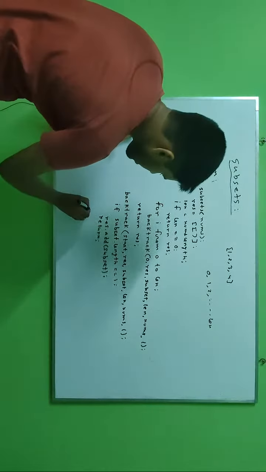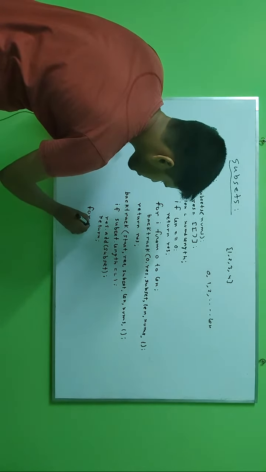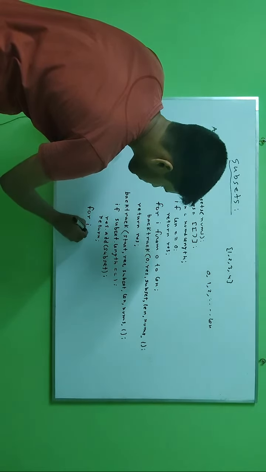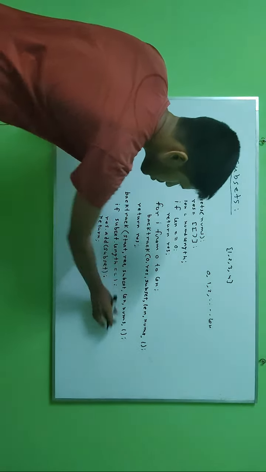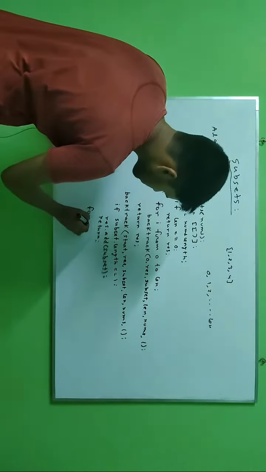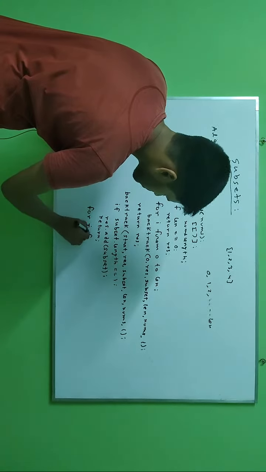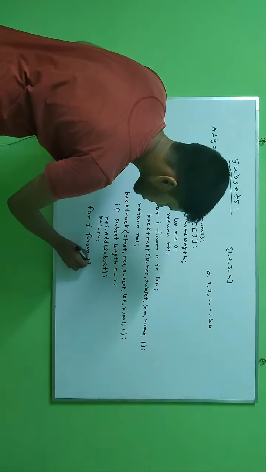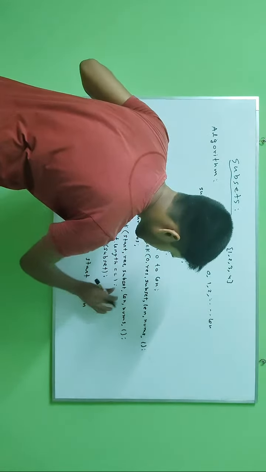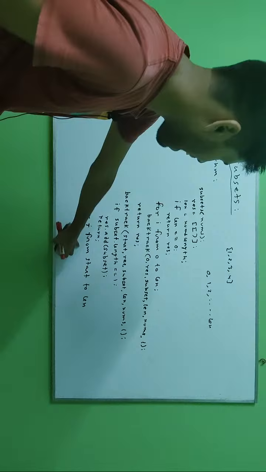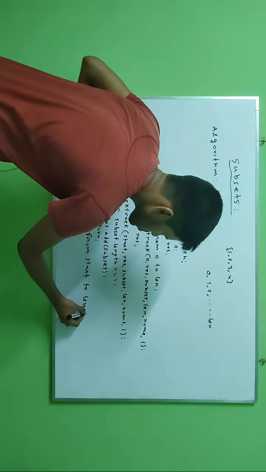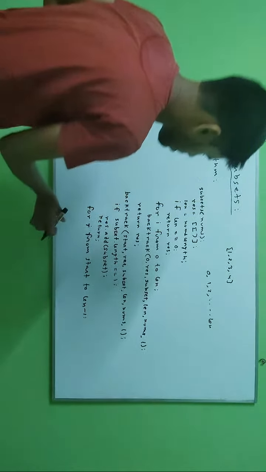Otherwise, we'll run a loop here. We already used I, so let's rename it to a different name, let's call it J, from start to the length of the array minus 1, because we will access the elements from our array, so we have to subtract 1 since this is the index number.